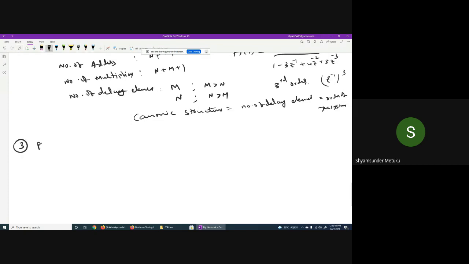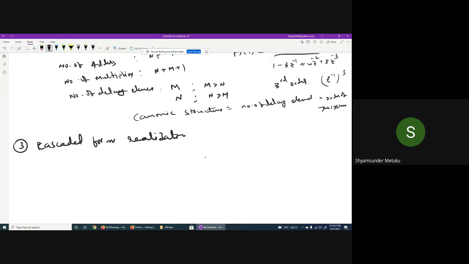Now the third one is parallel form or cascade. First I'll write cascade, then I'll discuss the parallel form. Cascaded form realization. So basically it is not so different. It is a combination of direct form 1 and 2 only.